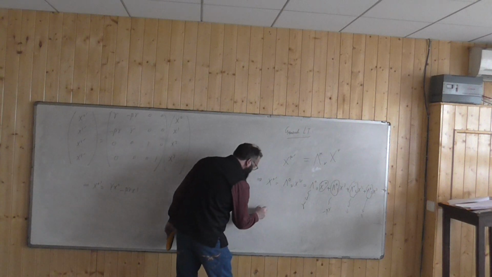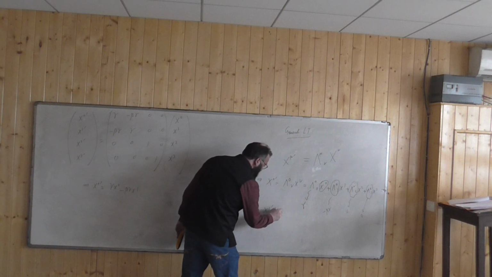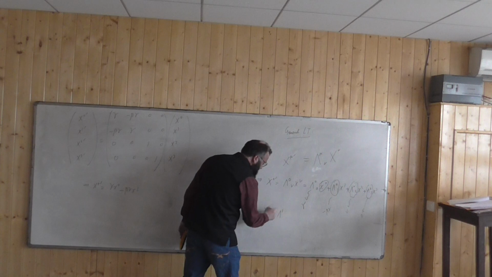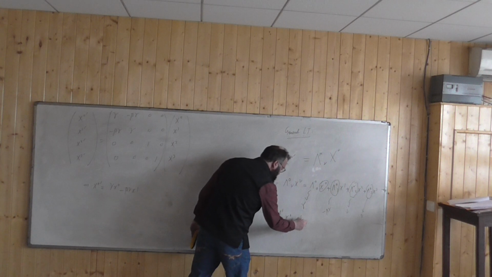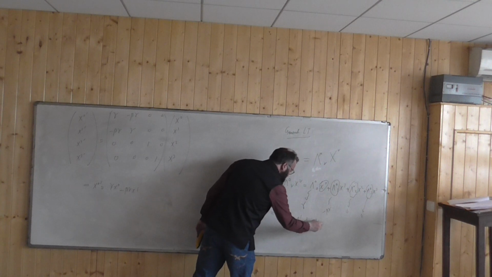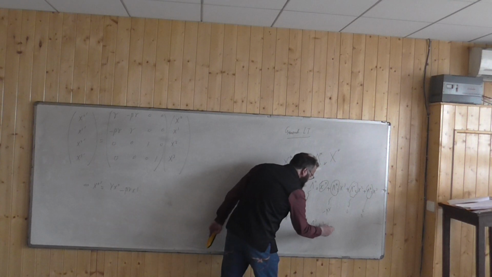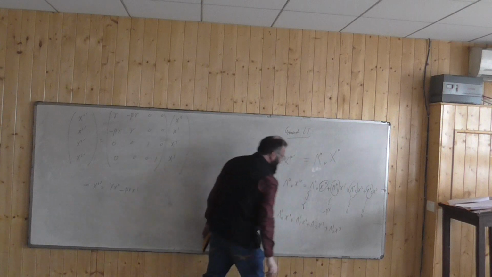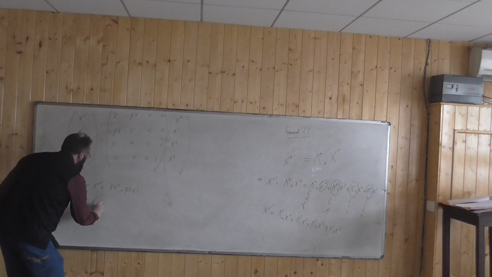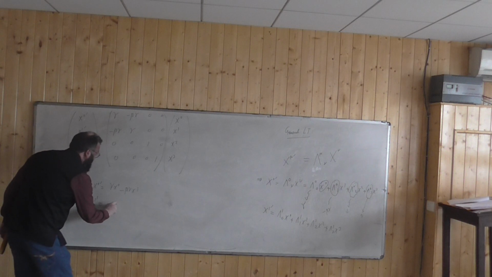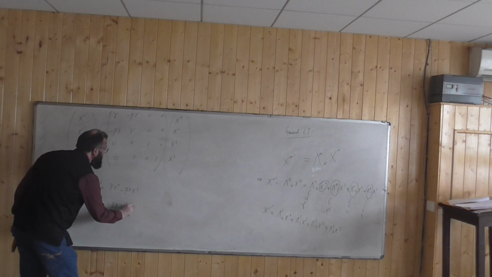Let's take x1 prime, what will that be? It is lambda 1 0 x0 plus lambda 1 1 x1 plus lambda 1 2 x2 plus lambda 1 3 x3. Now let's write again: x1 prime is equal to minus beta gamma x0 plus gamma x1.